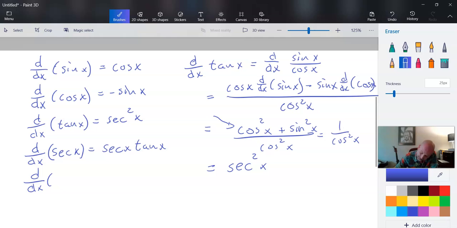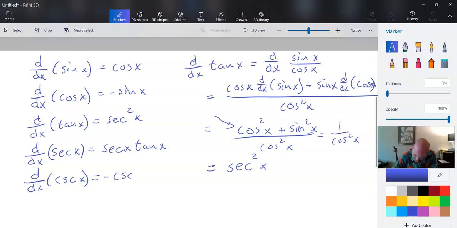I can't write today, it's fine. Cosecant x, there we go, is negative cosecant cotangent. And the derivative of cotangent is negative cosecant squared x.